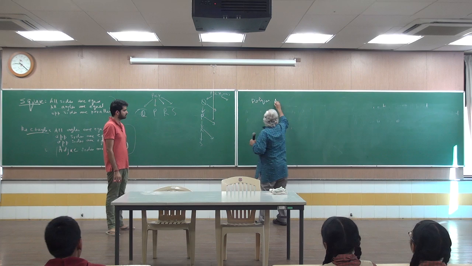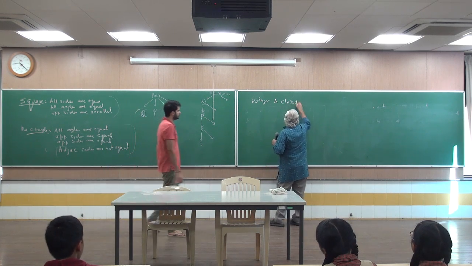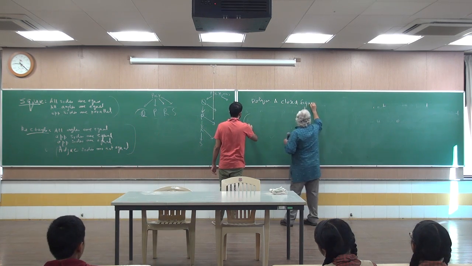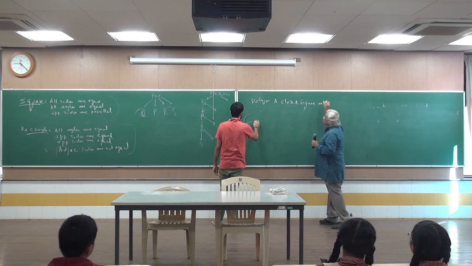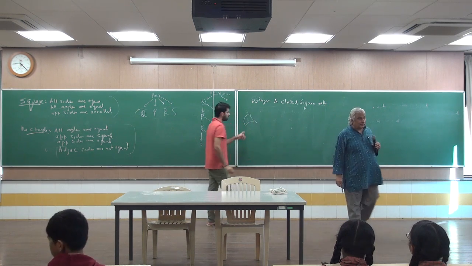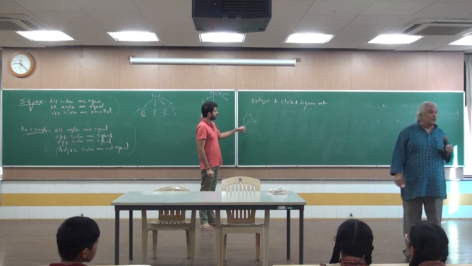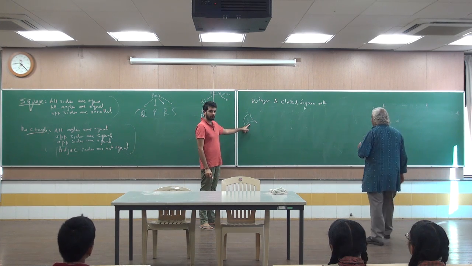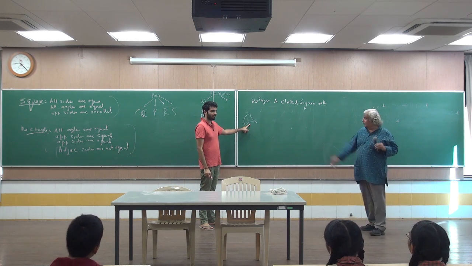A polygon is a closed figure with three or more sides. That's a polygon. Why not? It's a closed figure.